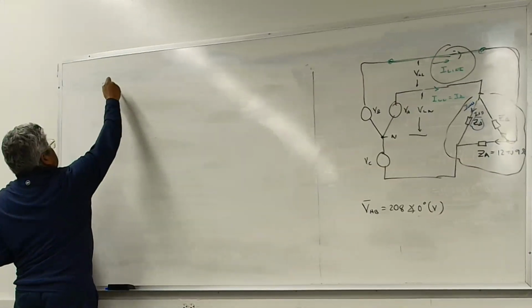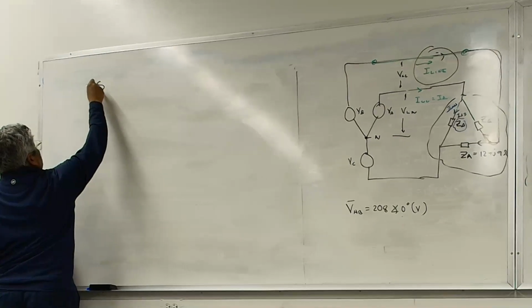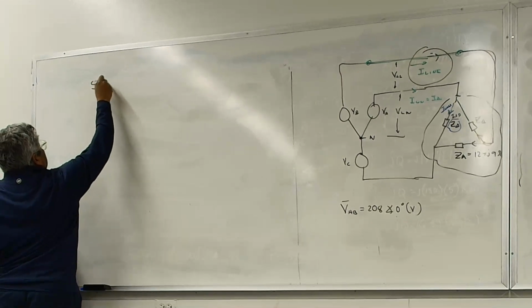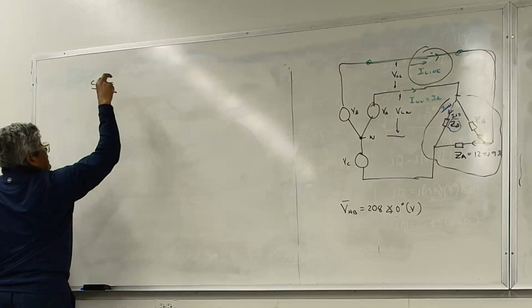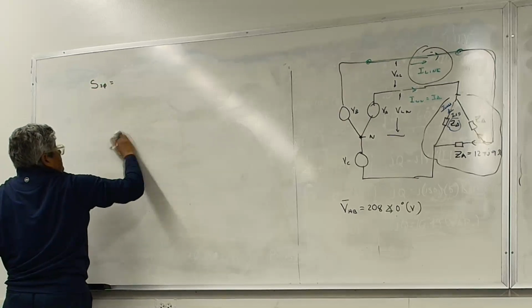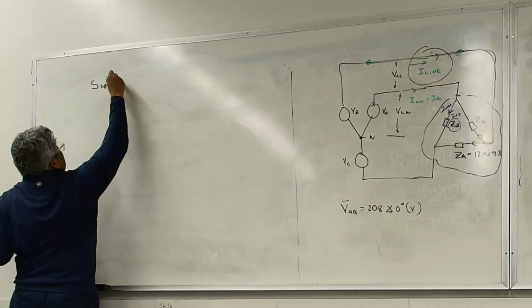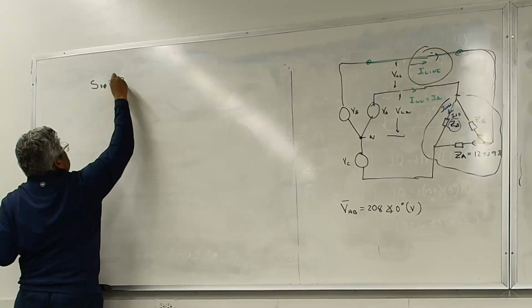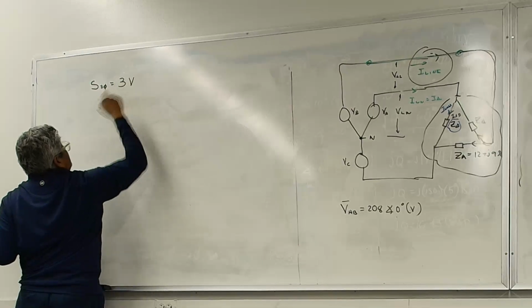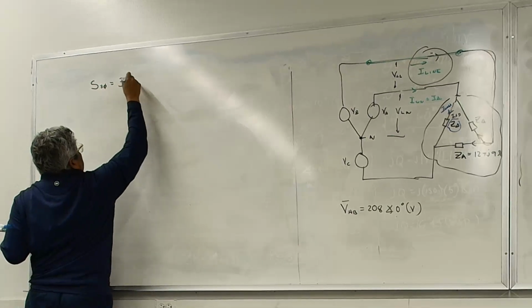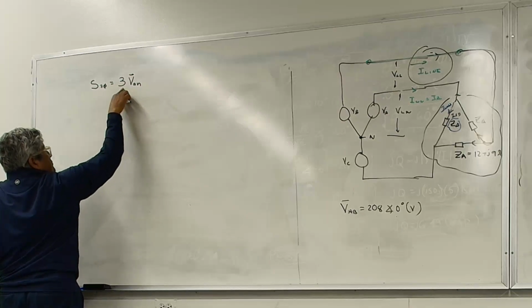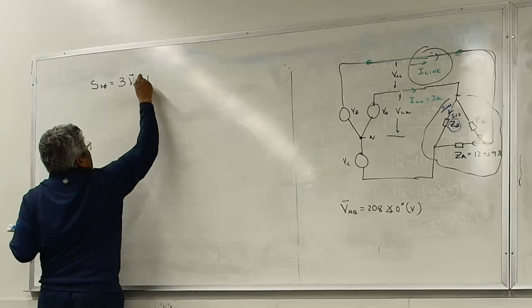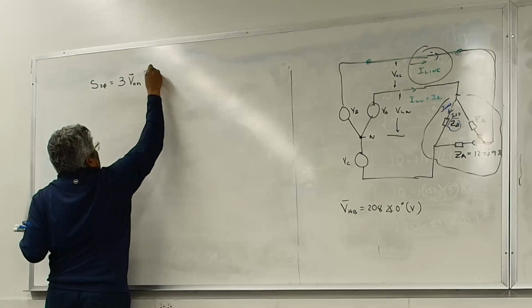So that you know how to do this, I have enough information to write this equation. S3 phase is equal to, using that little circuit with just one phase, 3 times V A to neutral, this is line to neutral, that's why I use 3, this was AB, this is square root of 3, times I A conjugate.